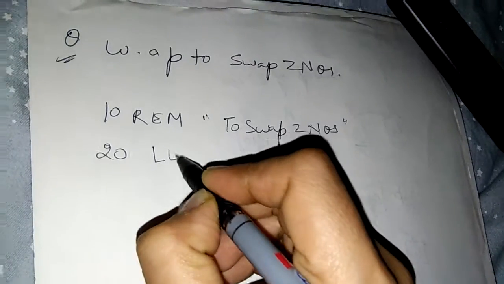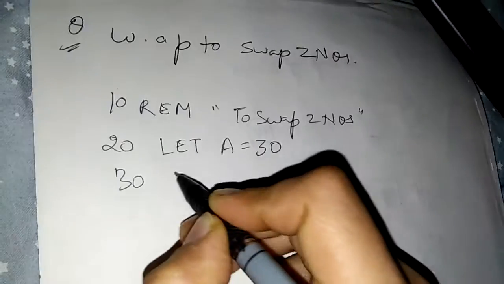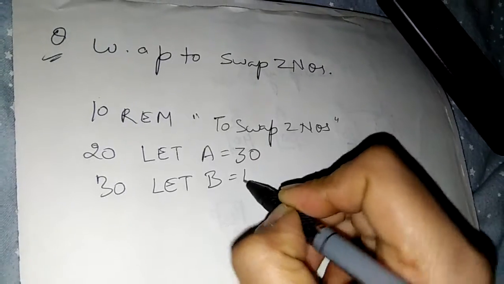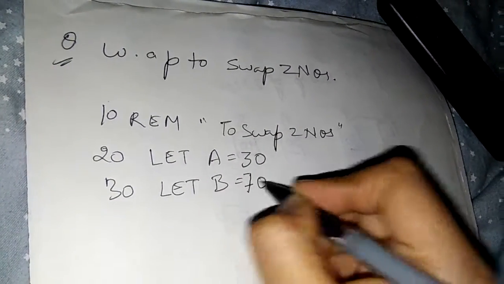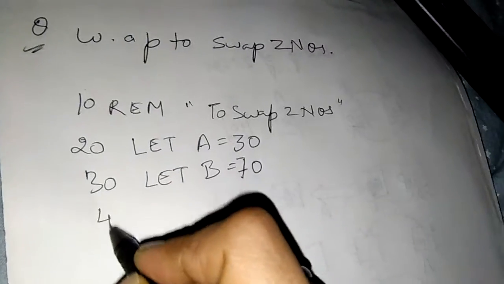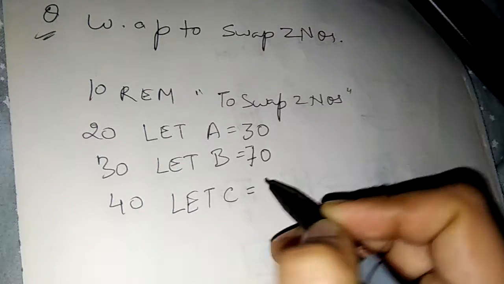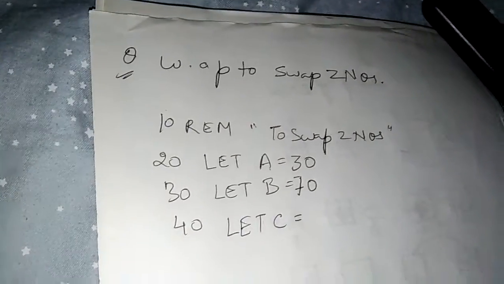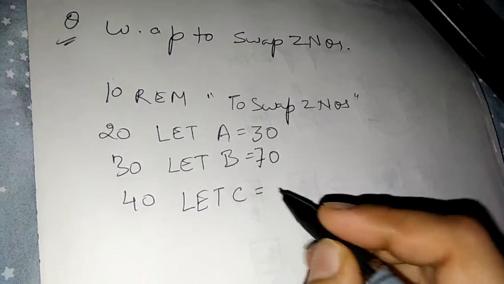Suppose I am taking a variable A as 30. Using a LET statement, I am initializing the value of A, and B as 70, suppose. Now I will have another variable C. You can also take the input of A and B, but here I am just initializing them.